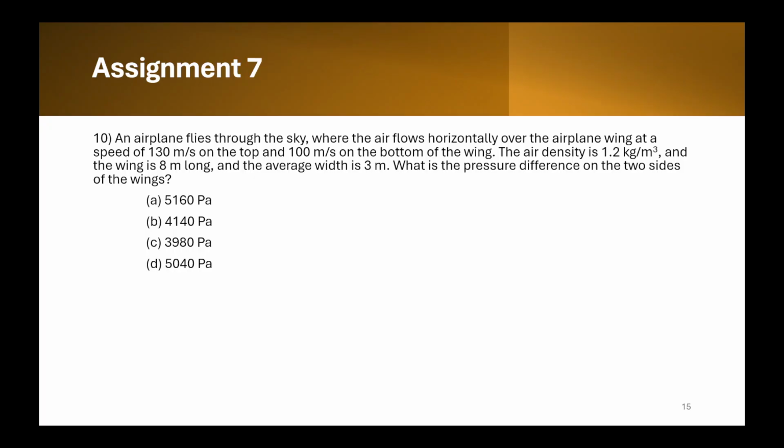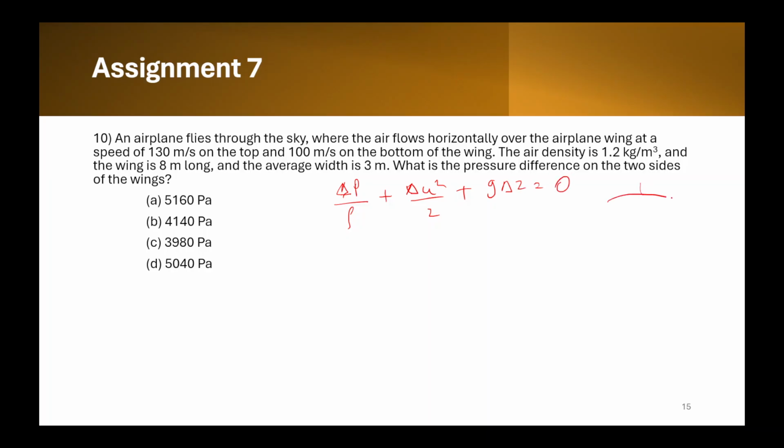What is the pressure difference on the two sides of the wings? So here we will apply the Bernoulli theorem as well. So delta P by rho plus delta U square by 2 plus G delta Z is equal to 0.